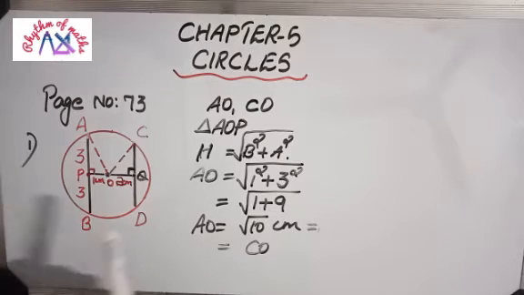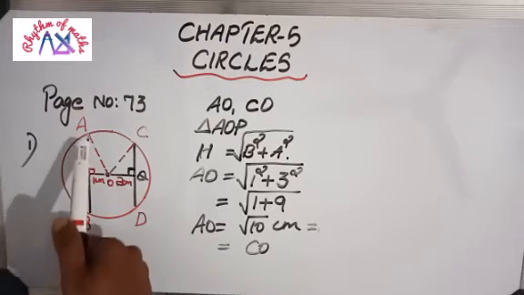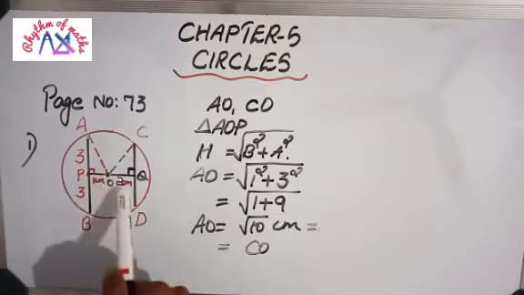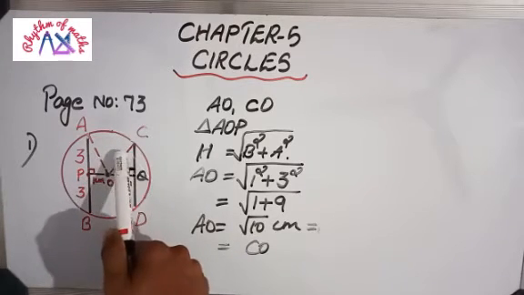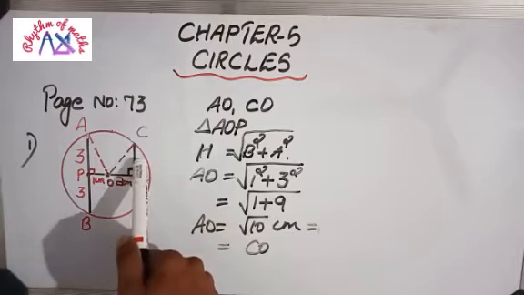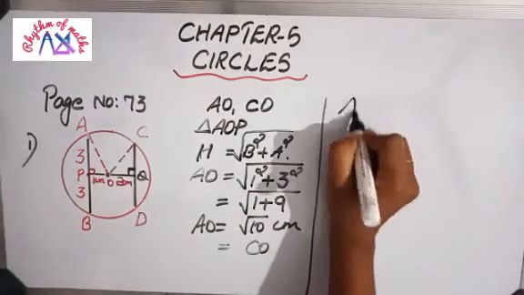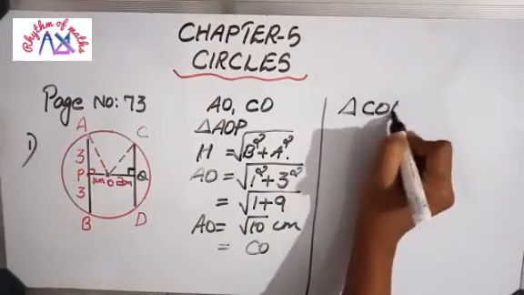Now it is easy to find the length of chord, because AO is root 10 means CO is also root 10. That means two measurements we got, hypotenuse we have, base also we have. So let's apply the altitude equation. In the next step let's consider triangle COQ.